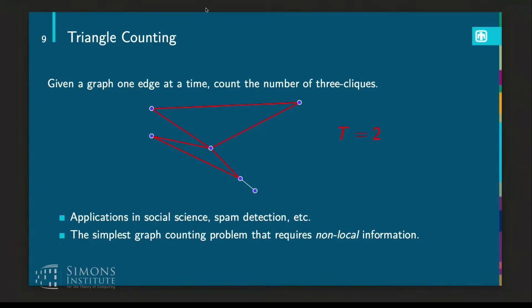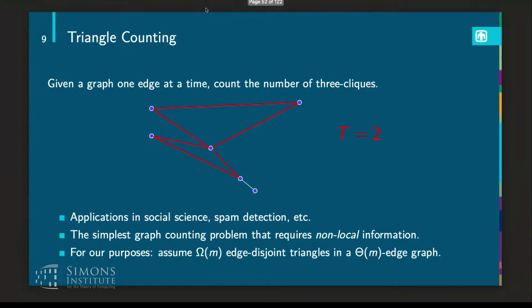And I should say, to do anything non-trivial in this problem, you need some parameterization of it. For instance, if you didn't have any lower bound on the number of triangles in a graph, then you wouldn't be able to do anything. There's a lot you can say about how to parameterize it, but for our purposes we're going to keep it simple, and imagine Omega of m edge disjoint triangles in a Theta(m) sized graph.